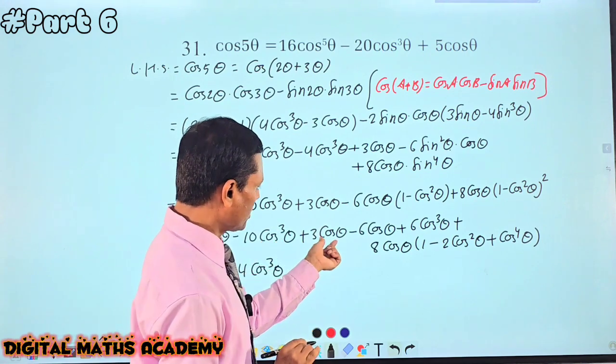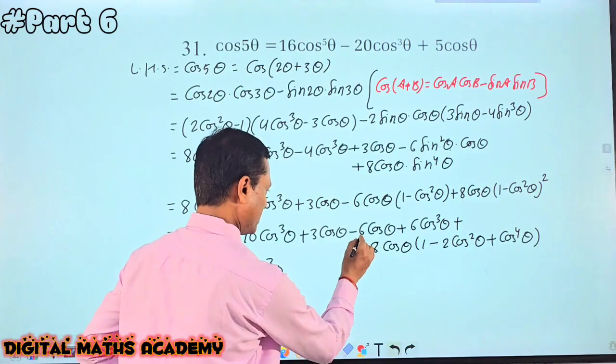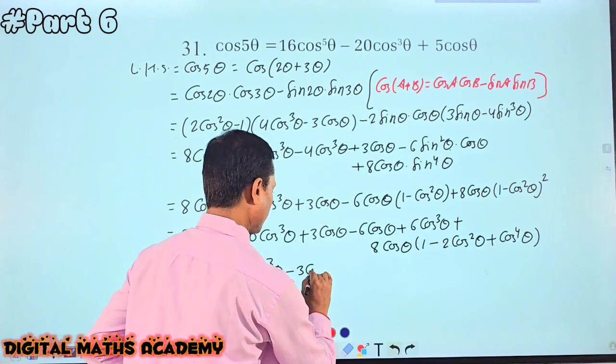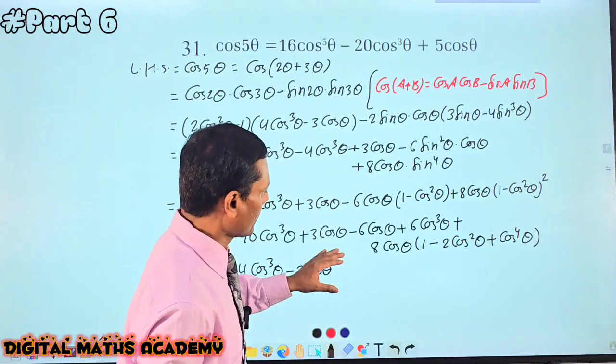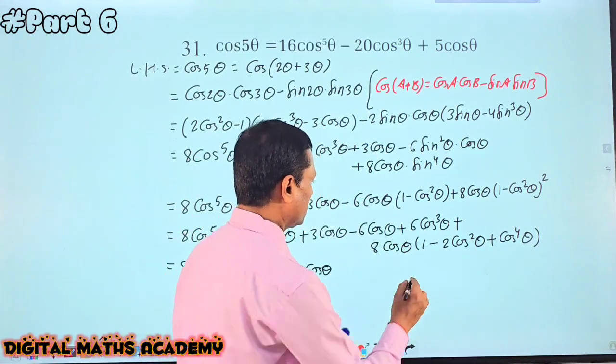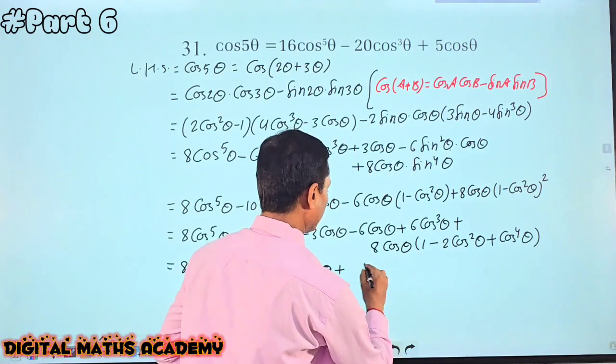And here 3 cos theta minus 6 cos theta, they are also like terms, so minus 6 plus 3 means minus 3 cos theta. Correct?